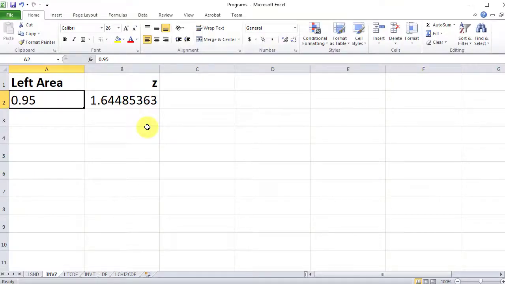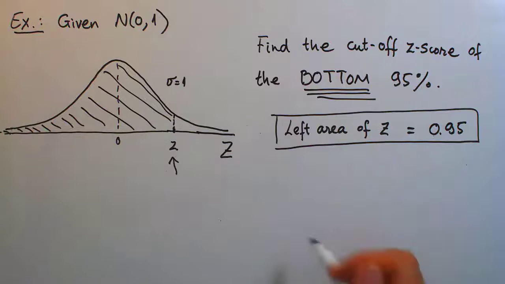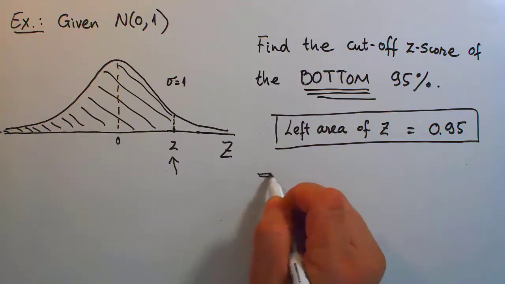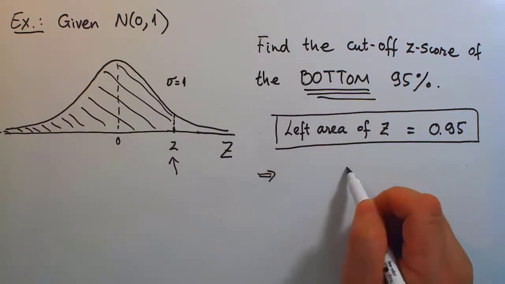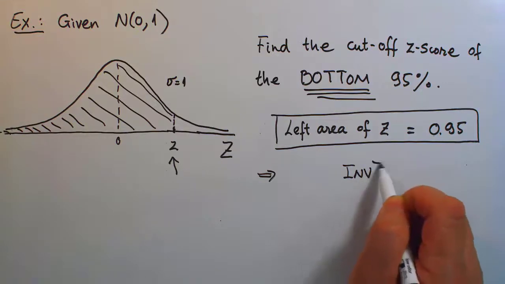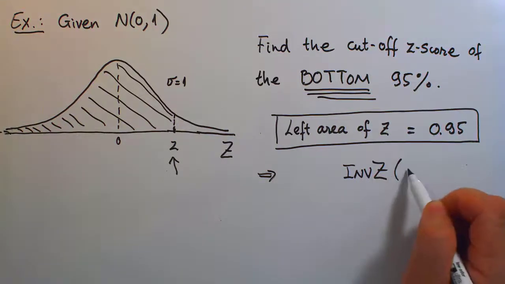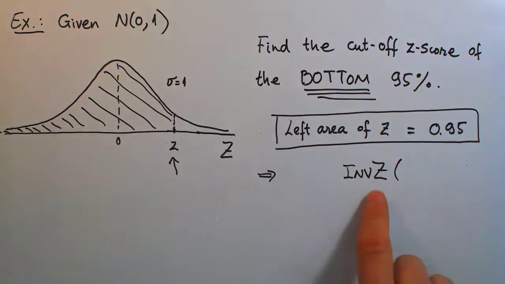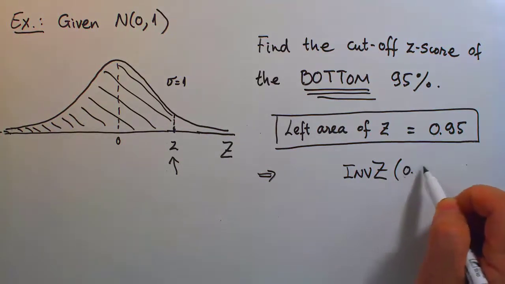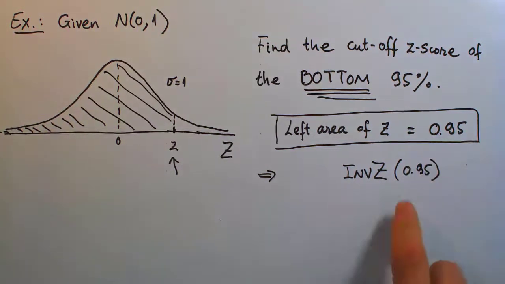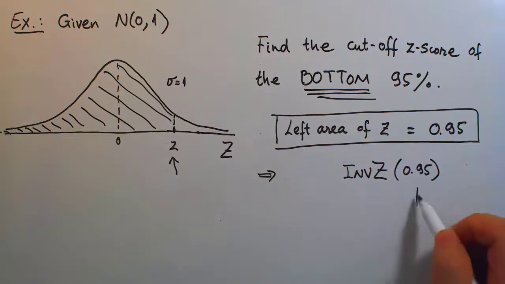And so once we run that program, let me just simply indicate it. If I'm using my INVZ program here, then I'm treating that as a function, as a program, and I'm taking the given value 0.95 as an area. So area goes here.